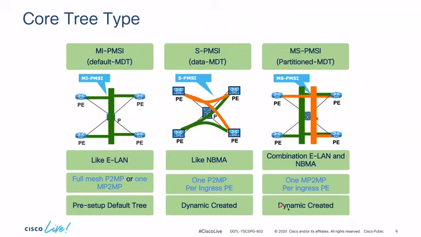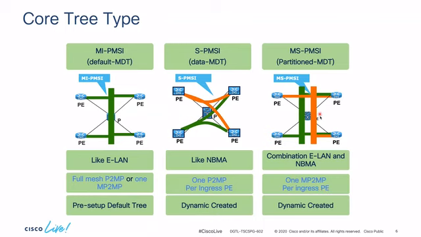It is dynamically created. At the beginning, if no PE has any interested receiver, then we will not have any MS PMSI instance here. Okay, so only when we have an interested receiver will it trigger the creation of such a core tree and then join to this core tree. Okay, and this core tree is per ingress PE, one MP2MP per ingress PE.